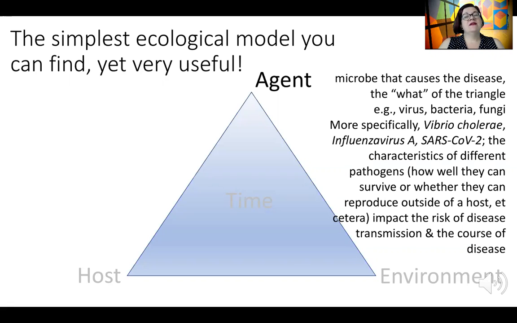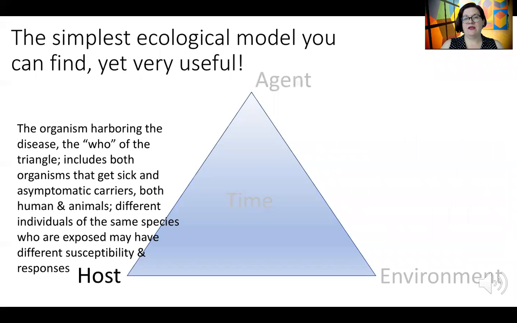The characteristics of different pathogens are going to impact the risk of disease transmission in the course of that disease. So if that pathogen can survive for an extended time outside of a living host, that has an impact. If they're able to reproduce outside of a host, that has an impact, and so forth.